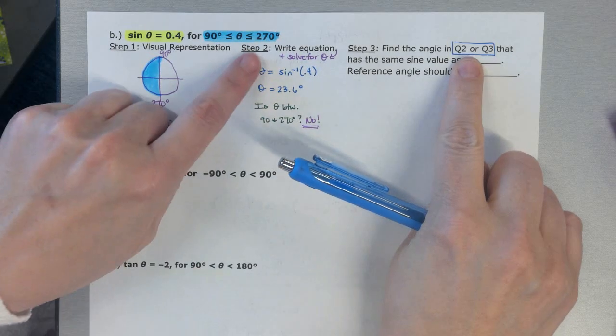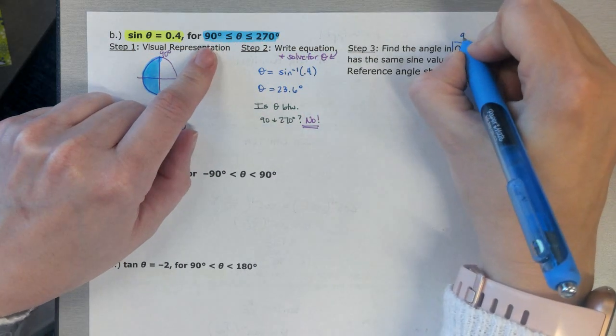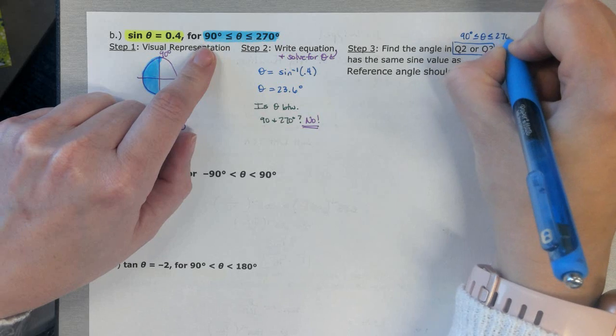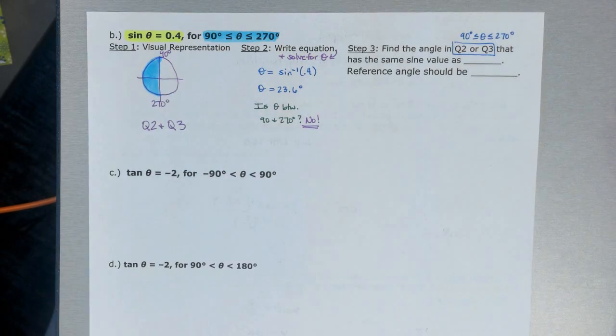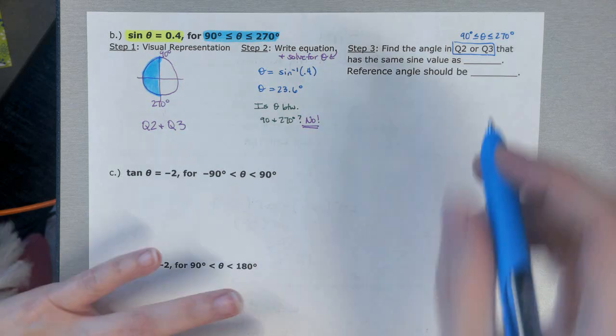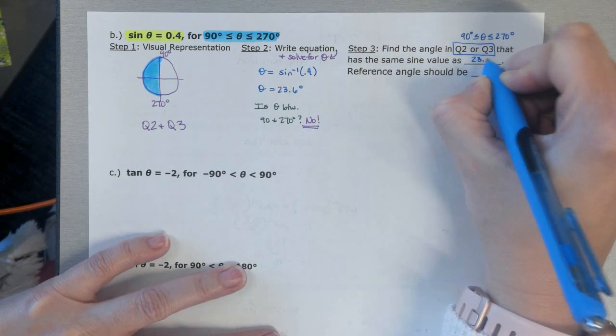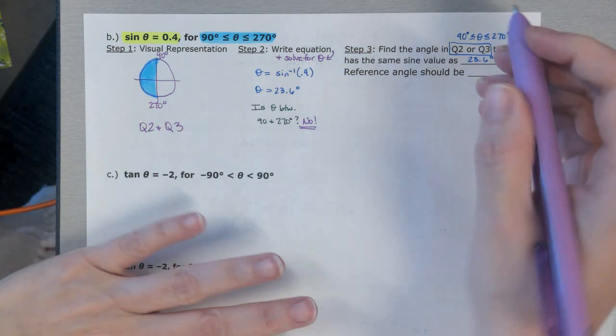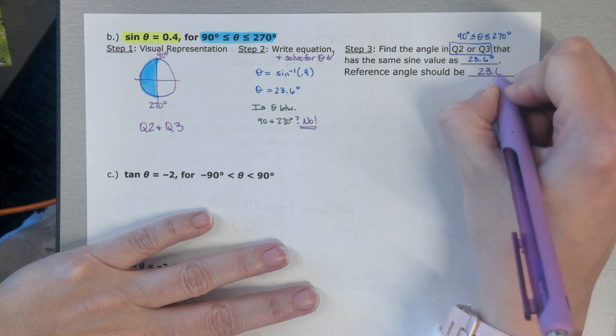That's specific to this problem because it says it has to be between 90 and 270. Okay, so that will change based on your problem. So find the angle in Q2 or Q3 that has the same sine value as 23.6 degrees. That means your reference angle is 23.6.